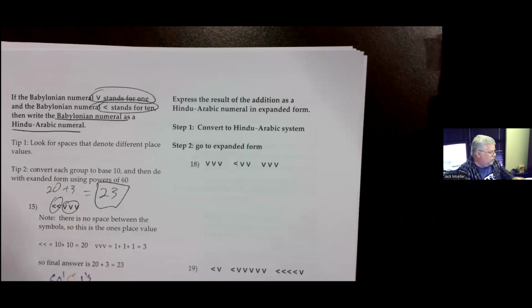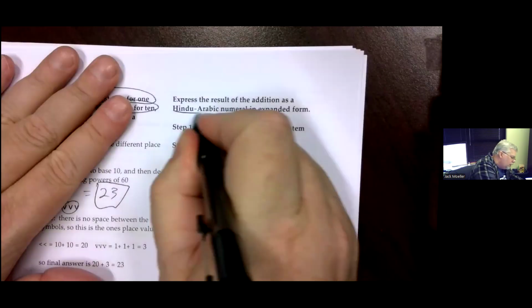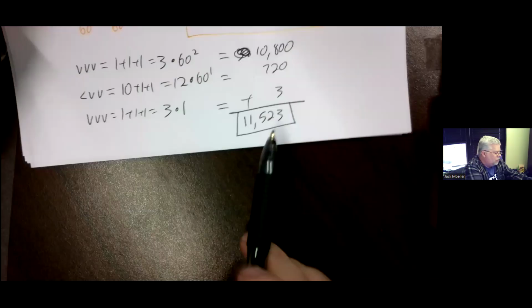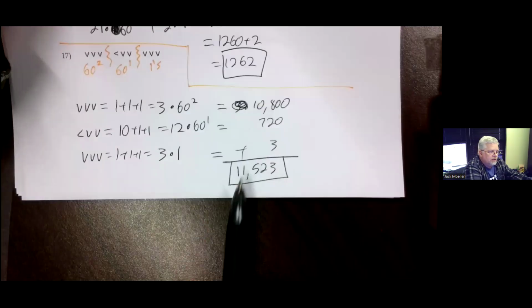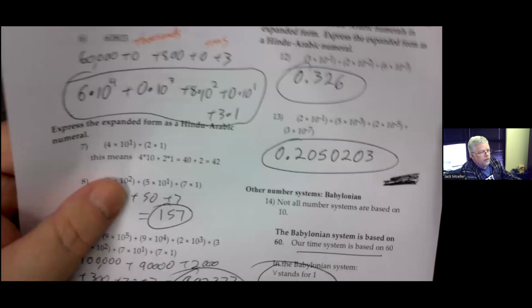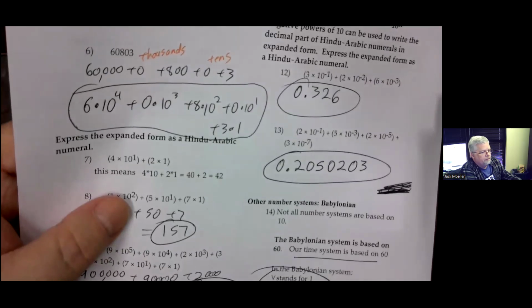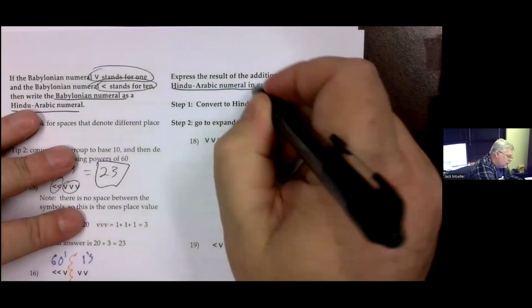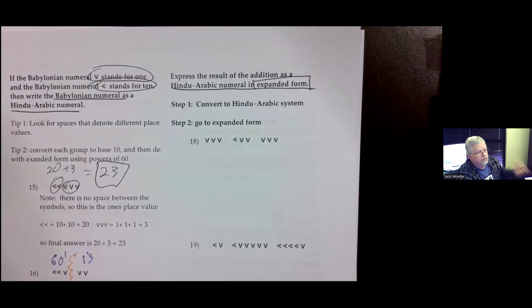So they don't want this answer or this answer. They want to take this answer, and then we have to put it in expanded form. If you miss that in the instructions, that's why a lot of people will miss these problems, because they stop too soon.